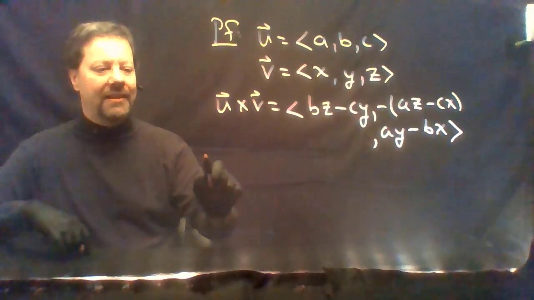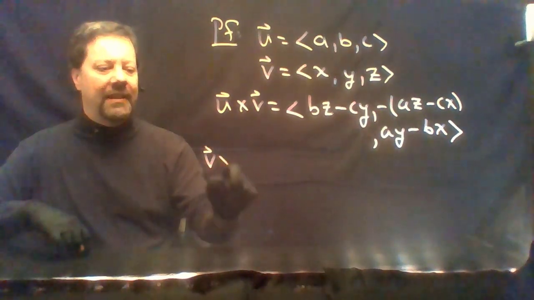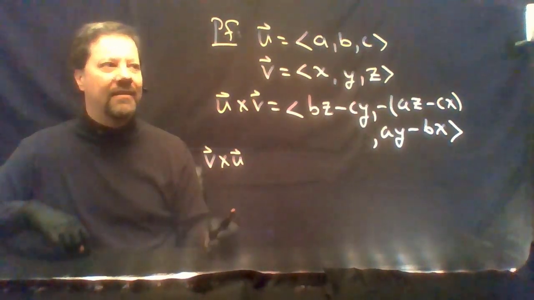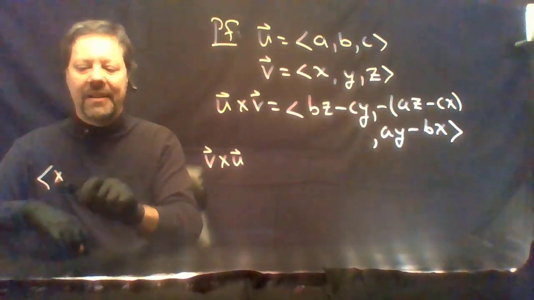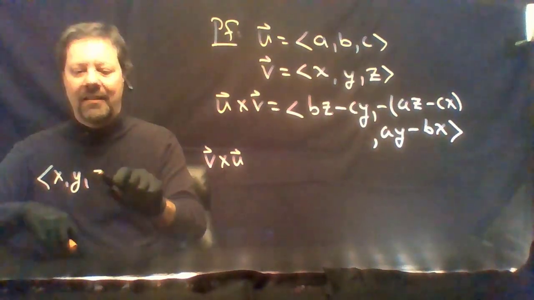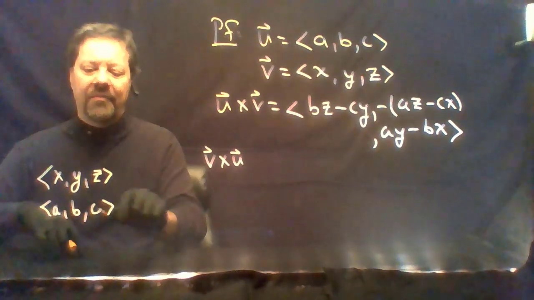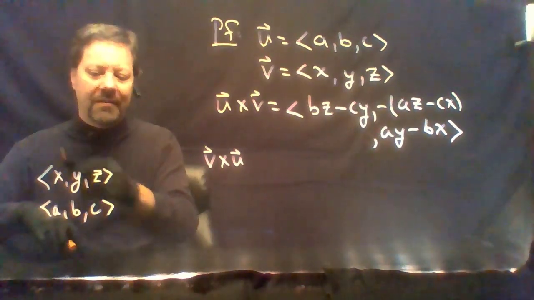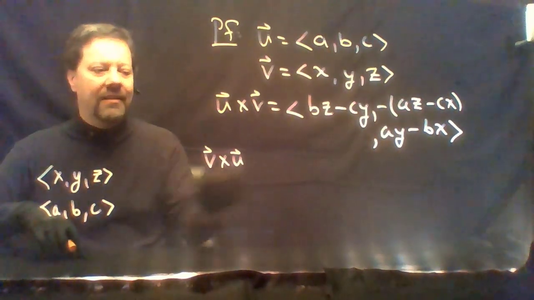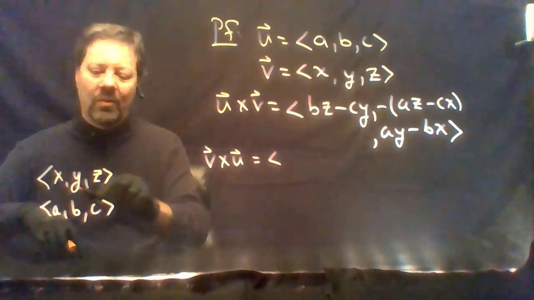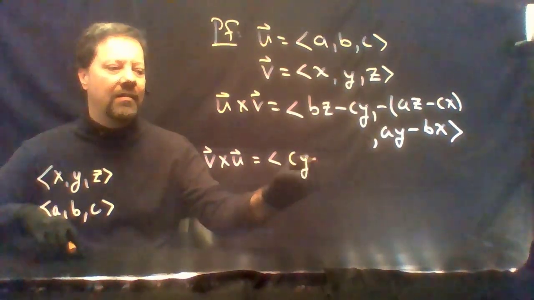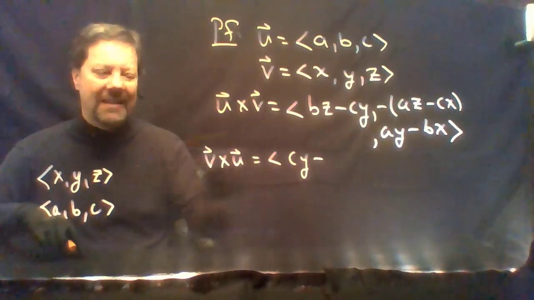Let's also calculate v cross u. To do that, we should stack them the other way. XYZ, ABC. With the i part, cross out the row and column, you get YC minus BZ.